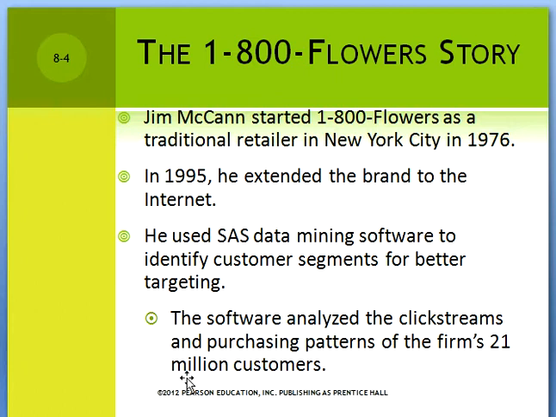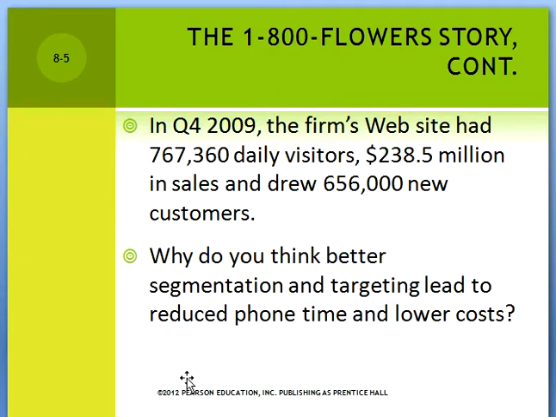Also, it helped them a lot. Let's have a look at the next slide, and this way we can see that. So, for example, in the fourth quarter of 2009, the firm's website had 767,360 daily customers. See that?